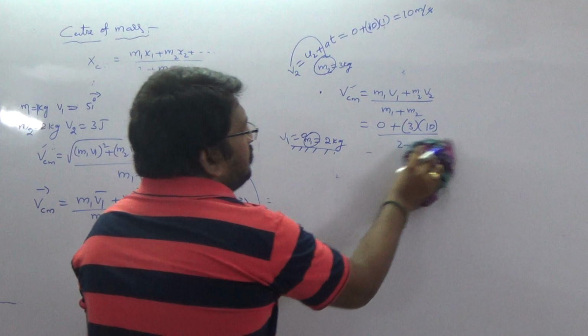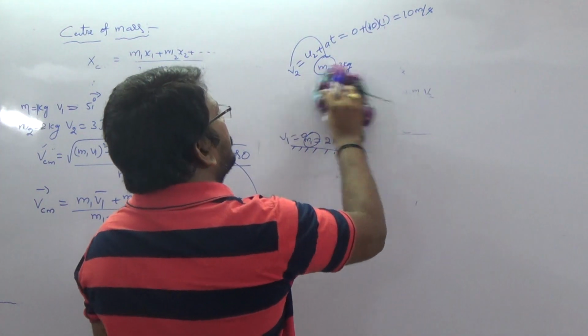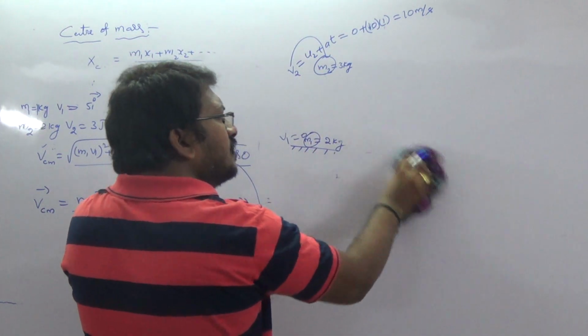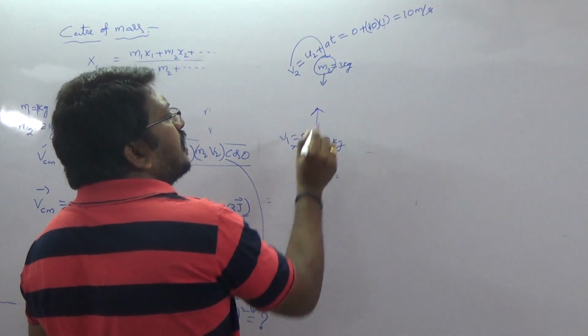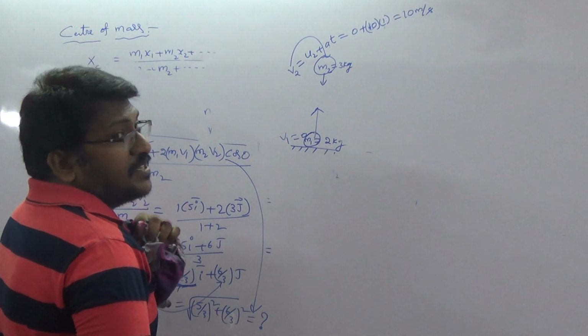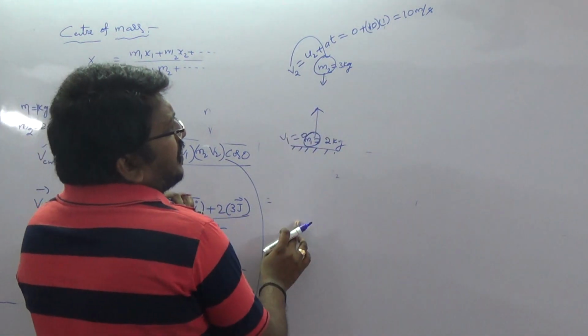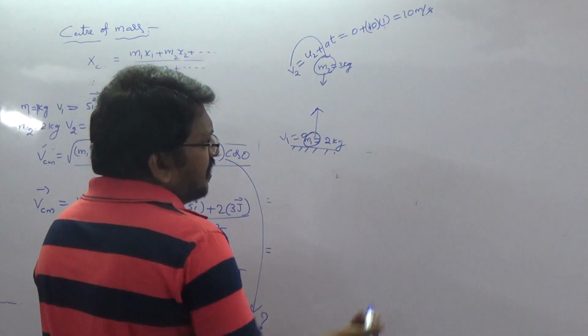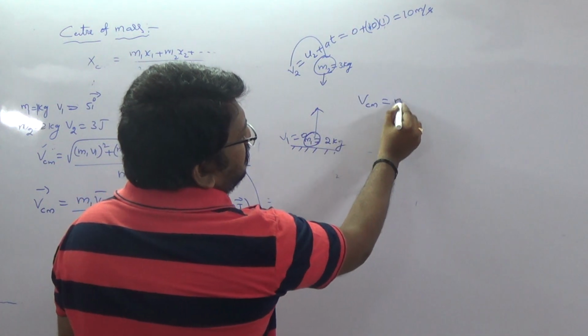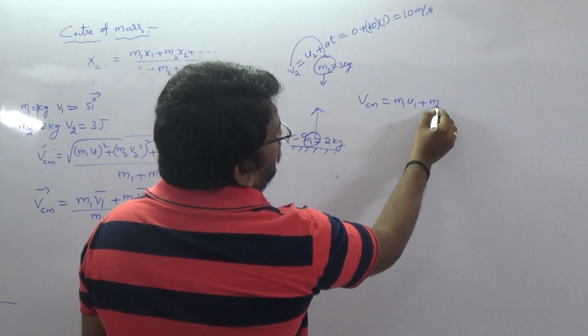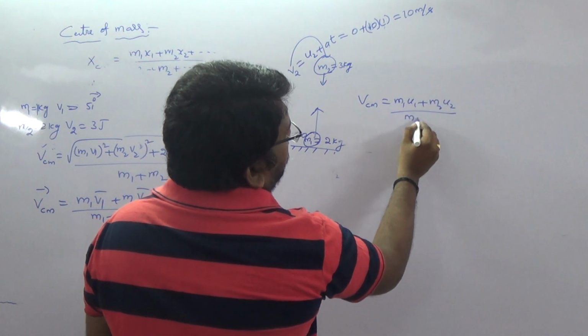For example, in the same case, one body is freely falling and the other body is projected vertically upward with a certain velocity. In that case, VCM is equal to (m1 u1 plus m2 u2) by (m1 plus m2).